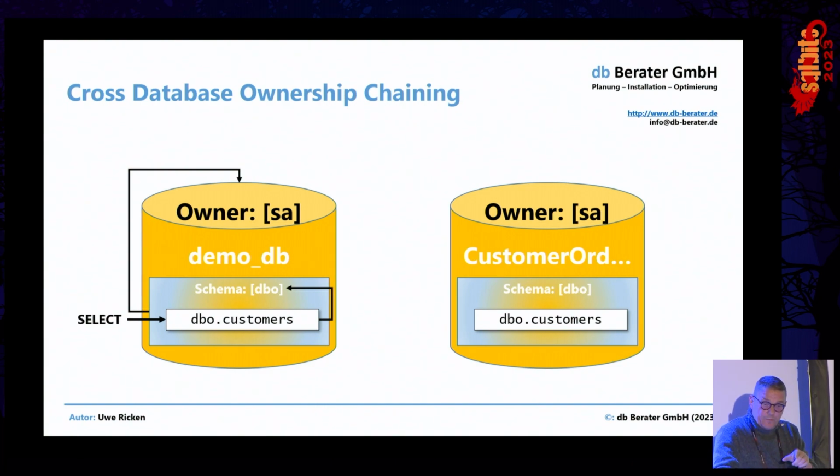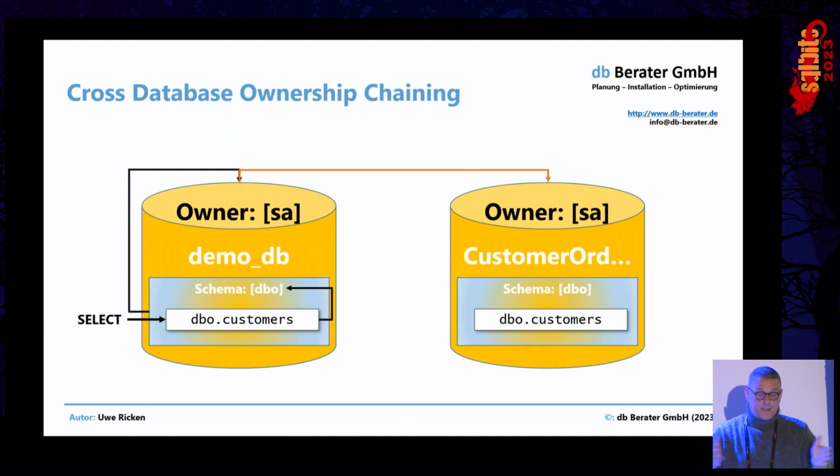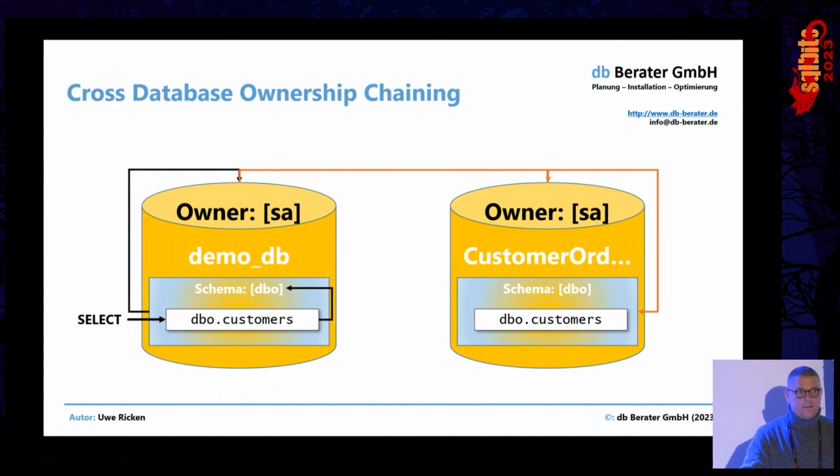And when we know that the SA, in my case here, is the owner, we then try to access the object in the other database. And that goes this way. Hey, I am the SA. Does this apartment belong to me? Is it in my area? Yes, it's yours. Oh, thank you, I can get in.